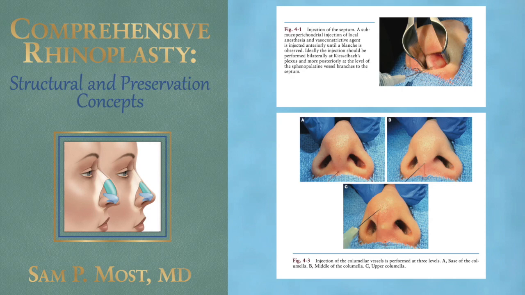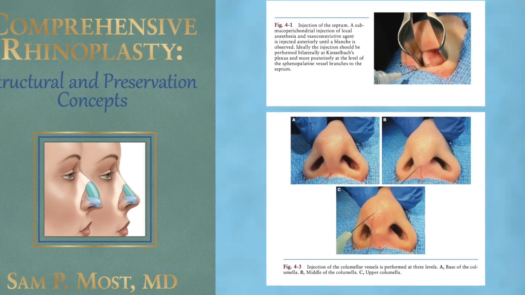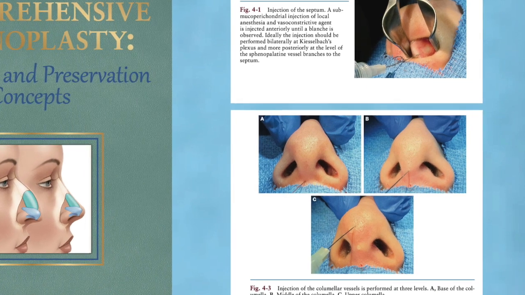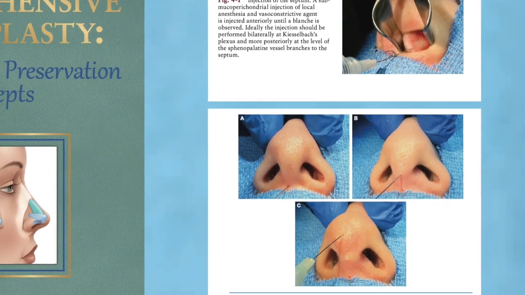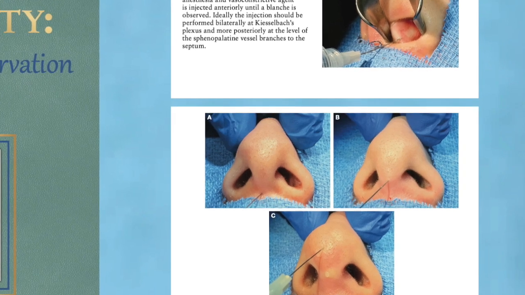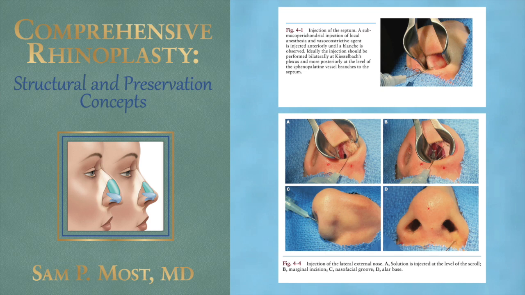We inject sequentially the septum, the columella, and then we go ahead and inject intranasally at certain points. And we found that this achieves the best result in terms of hemostasis for our patients and allows our anesthesiologists to take care of the patients better. I also think it's important for postoperative bruising and swelling.